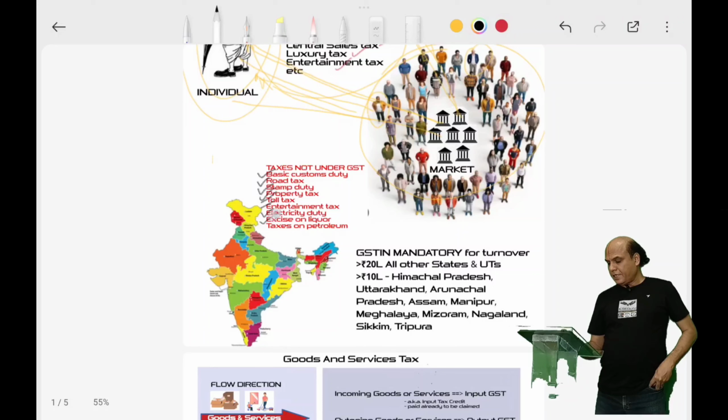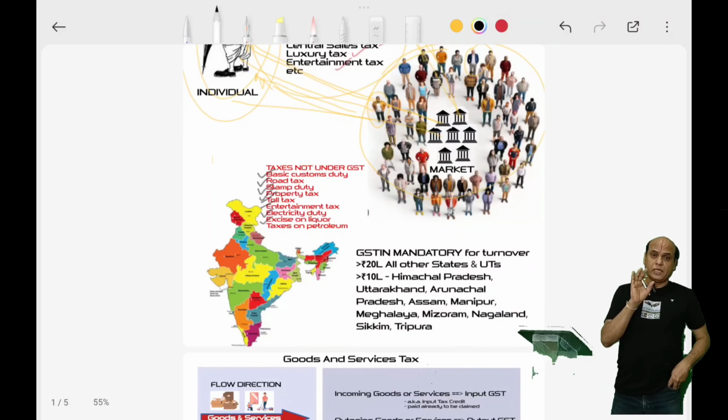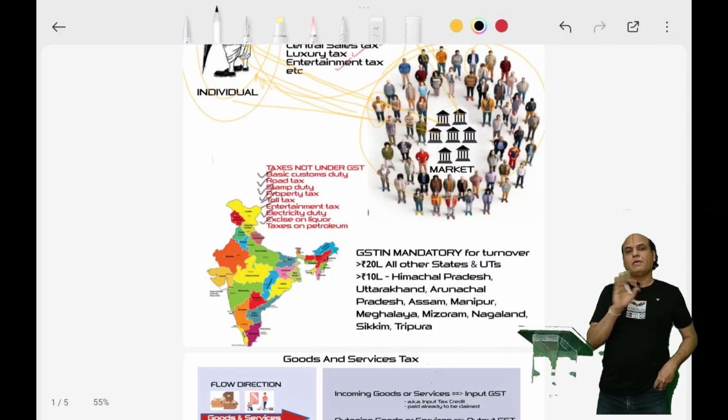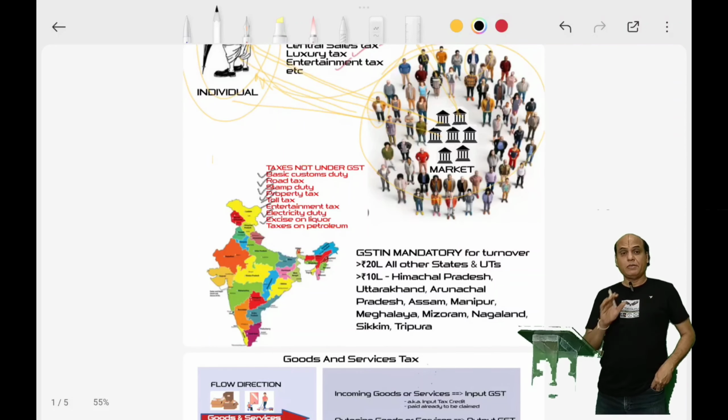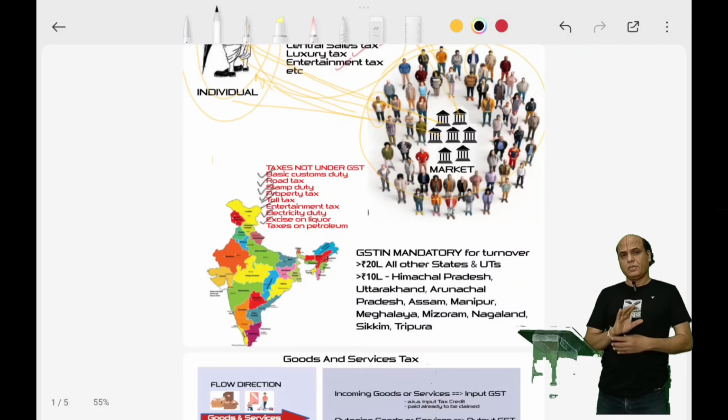Then the excise duty on liquor, that is excise duty on the sale of liquor, it doesn't come under GST. And likewise even petrol, the petroleum, the tax collected at petrol bunks, they don't come under the purview of goods and services tax.